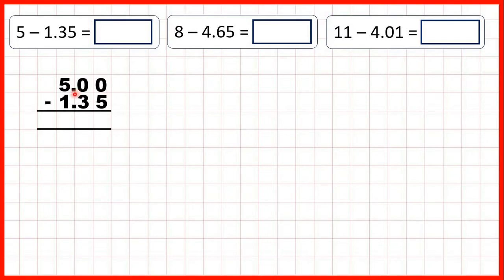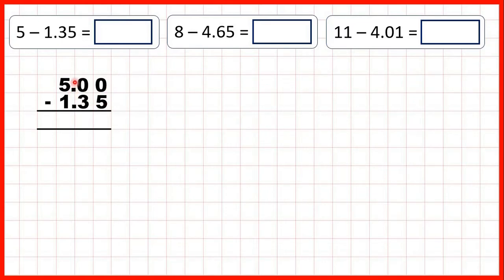You can always write a decimal point and then zeros on the end of any whole number, and that doesn't change the number. 5.00 is the same as 5, so we haven't changed the question. All the .00 tells us is that in the number 5, we don't have any tenths or any hundredths. But now we can solve this using column subtraction.